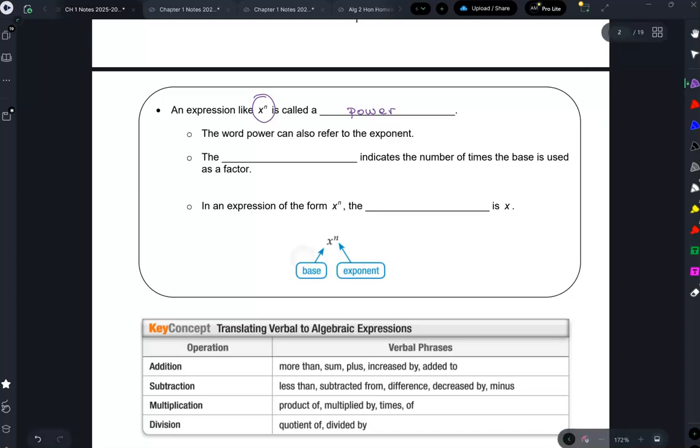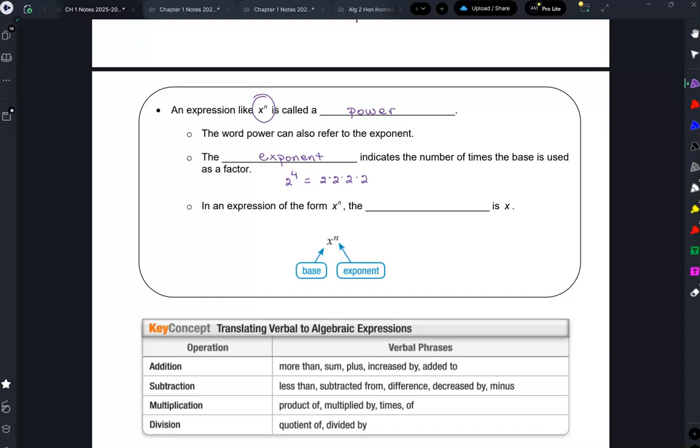Now, what is the exponent? The exponent indicates the number of times the base is a factor. So for example, if I have 2 to the 4, that's 2 times 2 times 2 times 2.